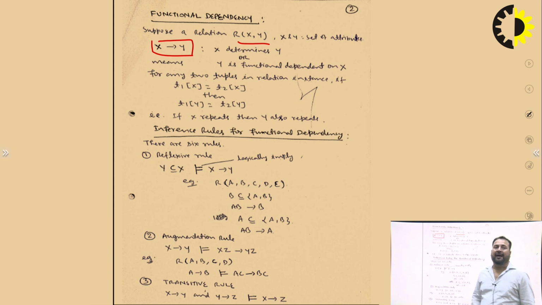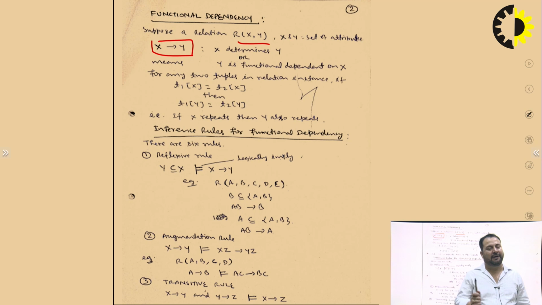The meaning is: if x repeats, then y also repeats. If the left hand side repeats and the right hand side also repeats, then we can say the left hand side determines the right hand side, or the right hand side is functionally dependent on the left hand side.